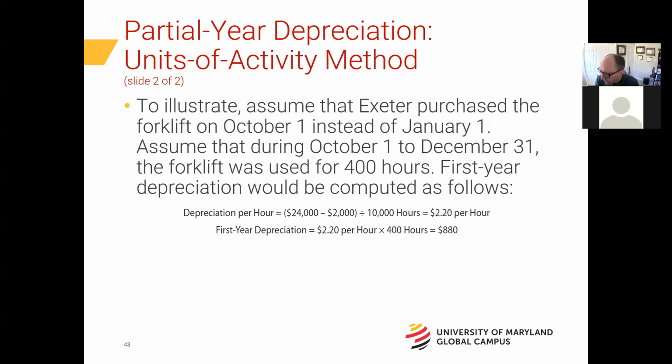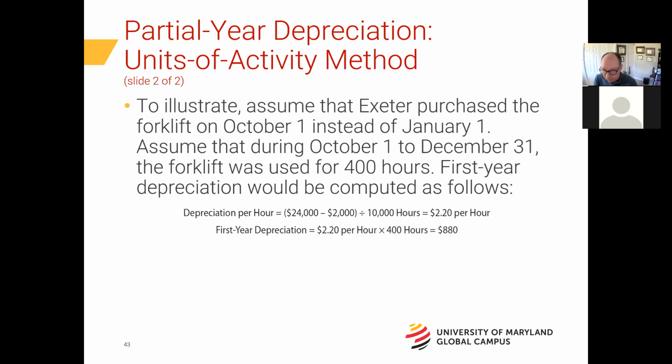Units of activity is even easier because it's still going to be based off of the number of hours used. So, looking at our example, we purchased the forklift on October 1 instead of January 1. So we used it October, November, December.